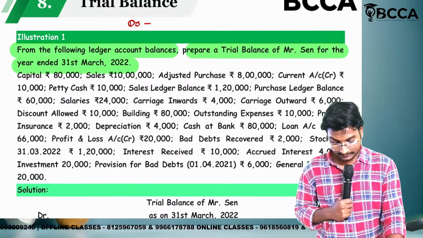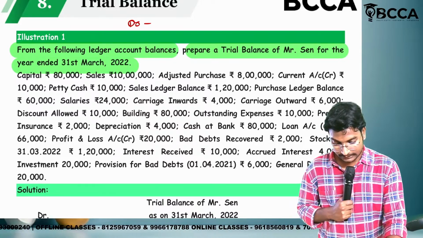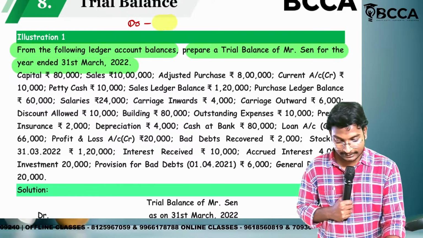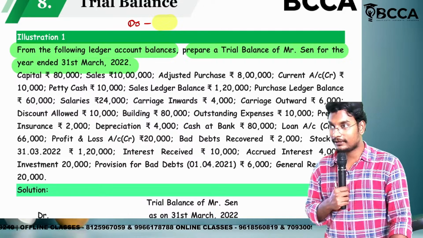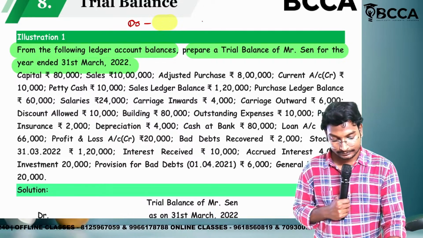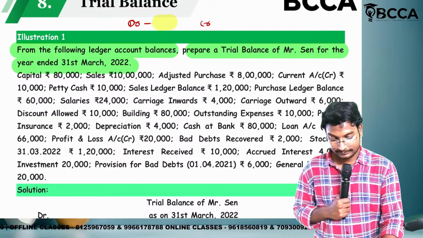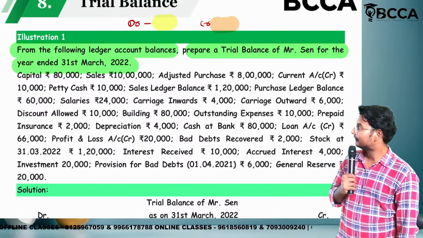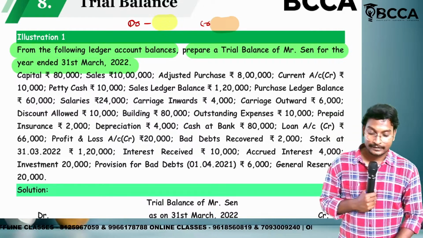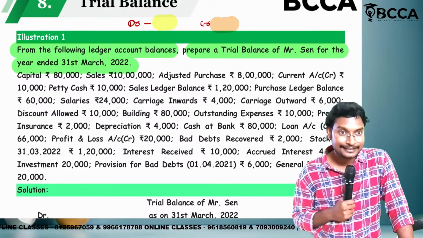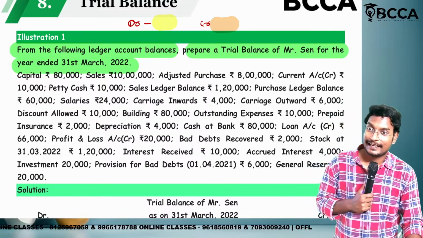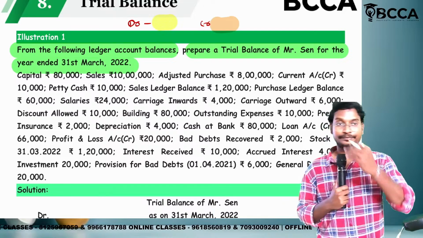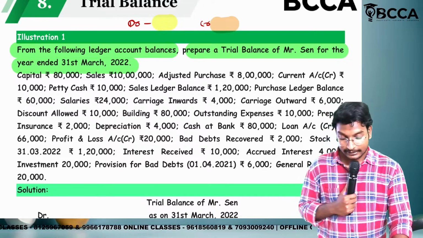For debit, I will use the yellow color. For credit, I will use the biscuit color, ash color. Okay, capital means what? Liability. Which balance? Credit balance.